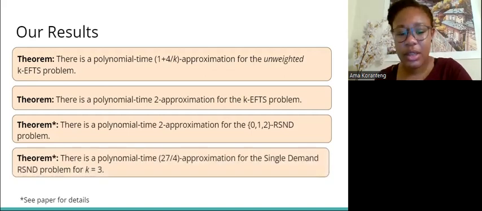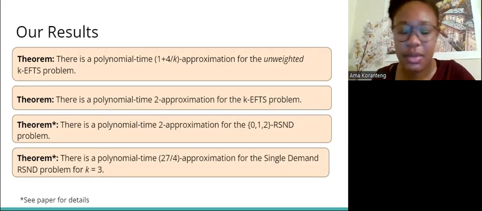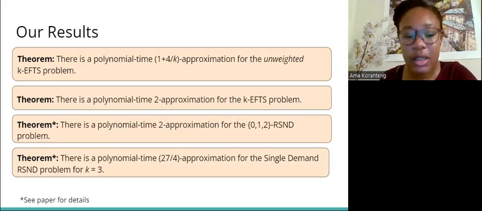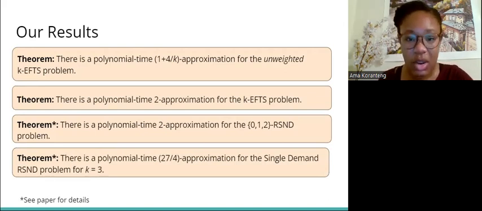I also won't go over this next result in our talk, but we also have a 27/4 approximation, which is 6 3/4, for single demand RSND for k equals 3. So this is another special case of the RSND problem, and in this case, only one vertex pair has a non-zero demand. All other vertex pairs have demand 0.